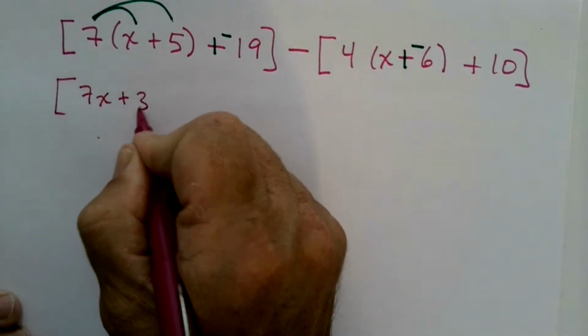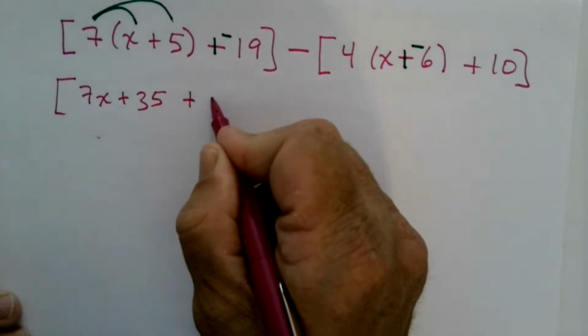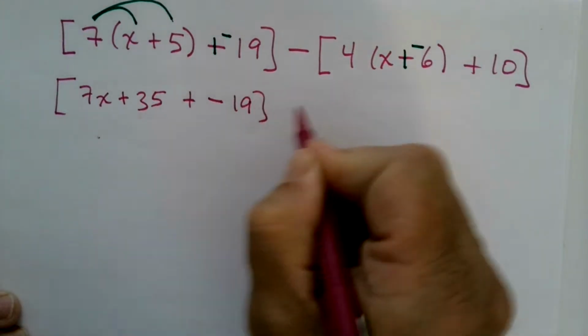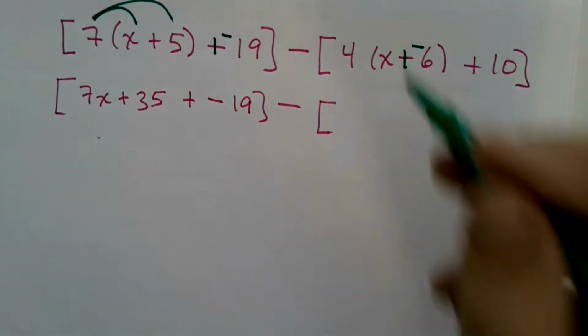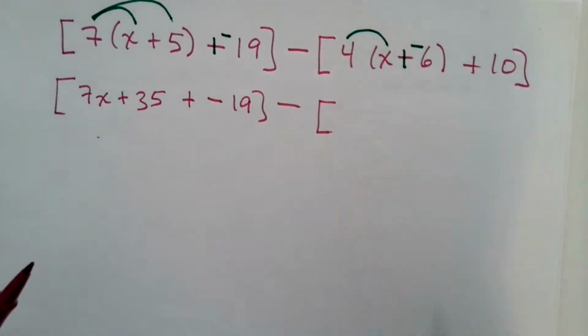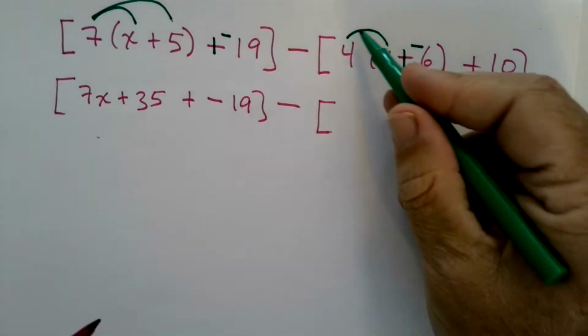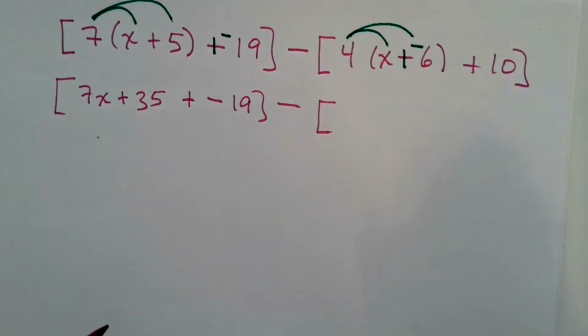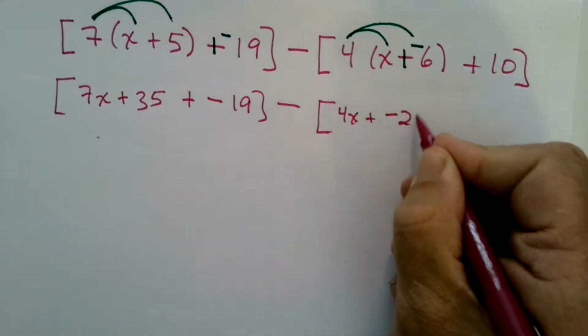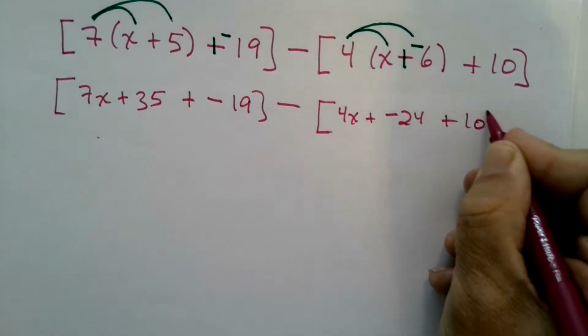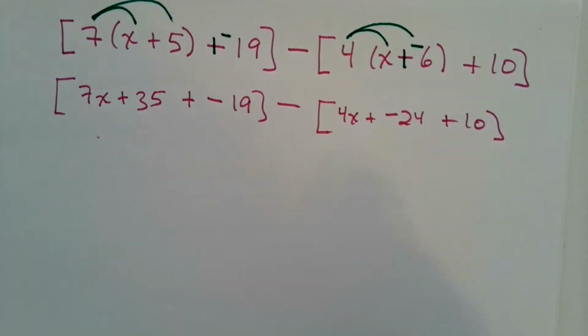7x plus 35 plus negative 19, minus, second bracket. Let's distribute again. 4 times x is 4x, and 4 times negative 6 is negative 24. So 4x plus negative 24 plus 10. And now let's simplify each of the 2 brackets.